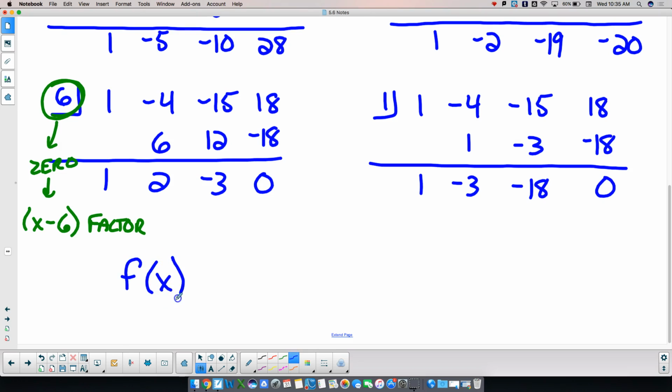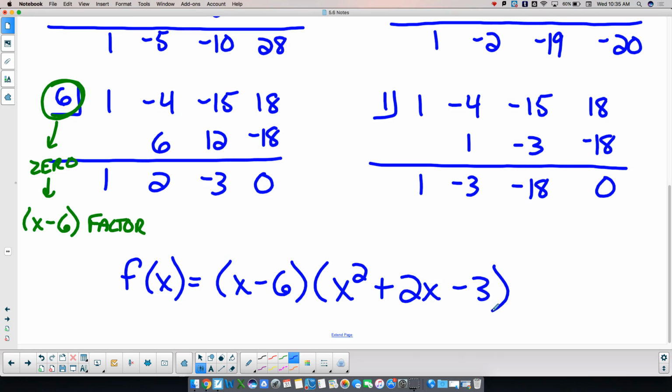F of x equals, so this is going to be x minus 6 times x squared plus 2x minus 3. Now I also know, because the other side of the room did 1, that 1 was a 0, right?